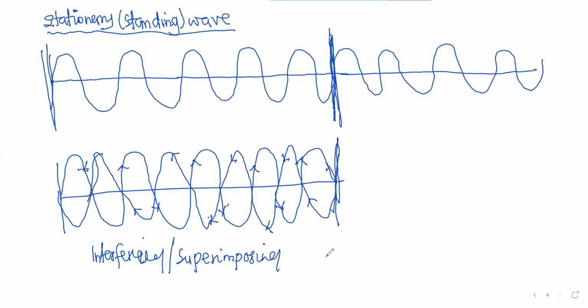And this creates what we call a stationary or standing wave. Okay, so in stationary wave formation, the medium must be smaller. And how do we make the medium to be smaller? By creating a boundary or barrier.